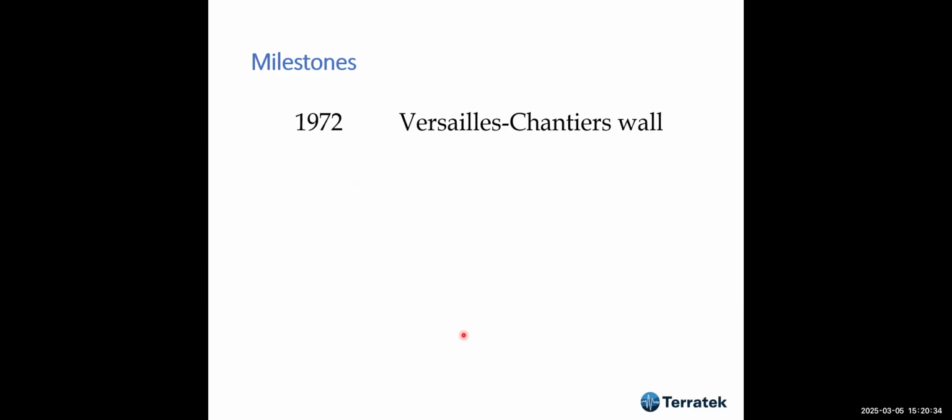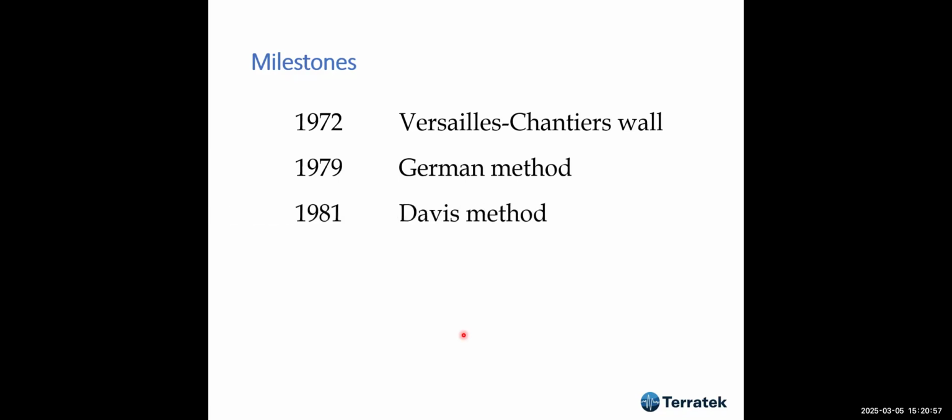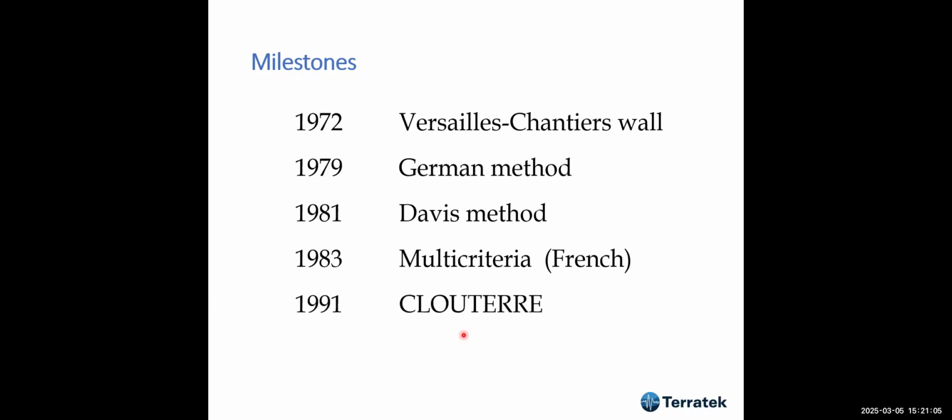Milestones. As far as I know, the first of these walls was built in Versailles Chantier and analyzed. We have some experience in Brazil, which took place in 1970. I'm going to show you, but without any analysis. In 1979, the Germans came up with the first analysis method, and then the Davis method came up in 1981, the multi-criteria in 1983, the French method, and in 1991 the French carried out a major research project named Clouterre.